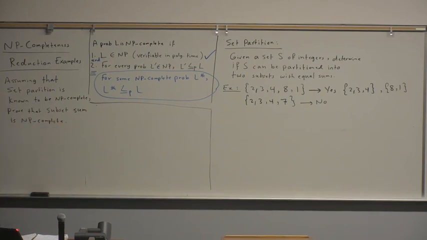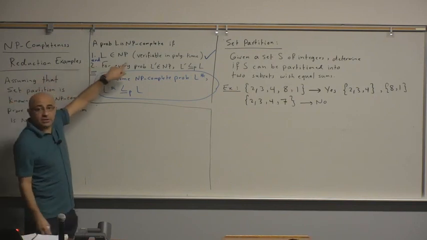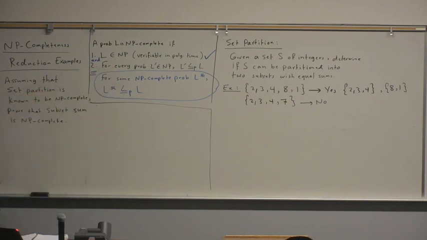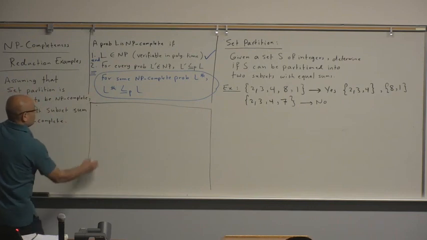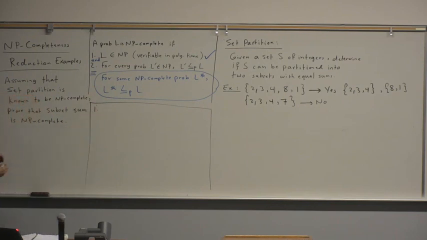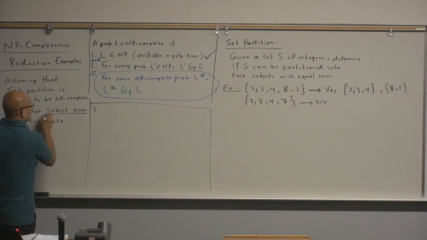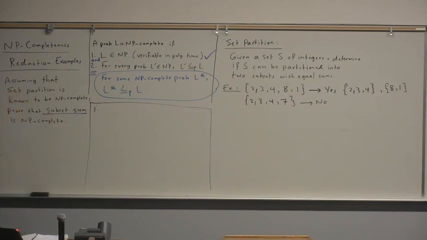Now remember, don't forget the first condition. Number one, you have to show that the problem that you are trying to prove is NP-complete, which is in this case subset sum. You have to show that it's verifiable in polynomial time.